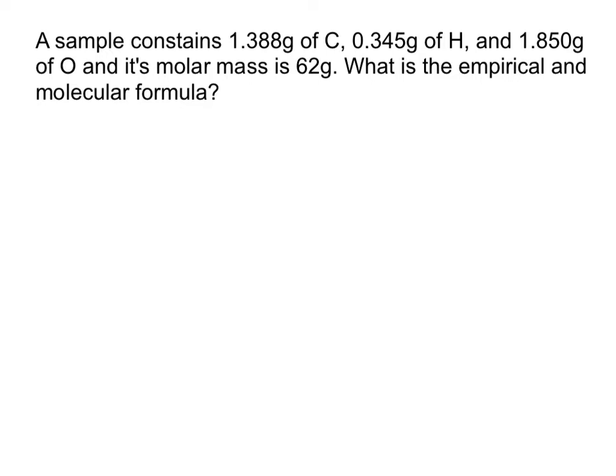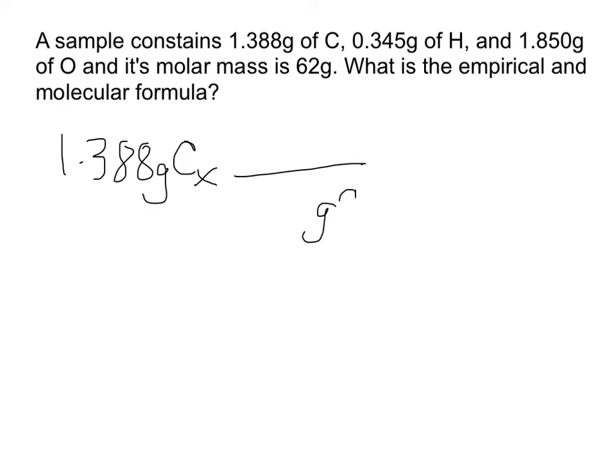So I'm going to take the grams of carbon, 1.388 grams of carbon, and I'm going to turn it into moles. Grams goes on the bottom because I don't want it. Moles goes on the top. I know 1 mole.